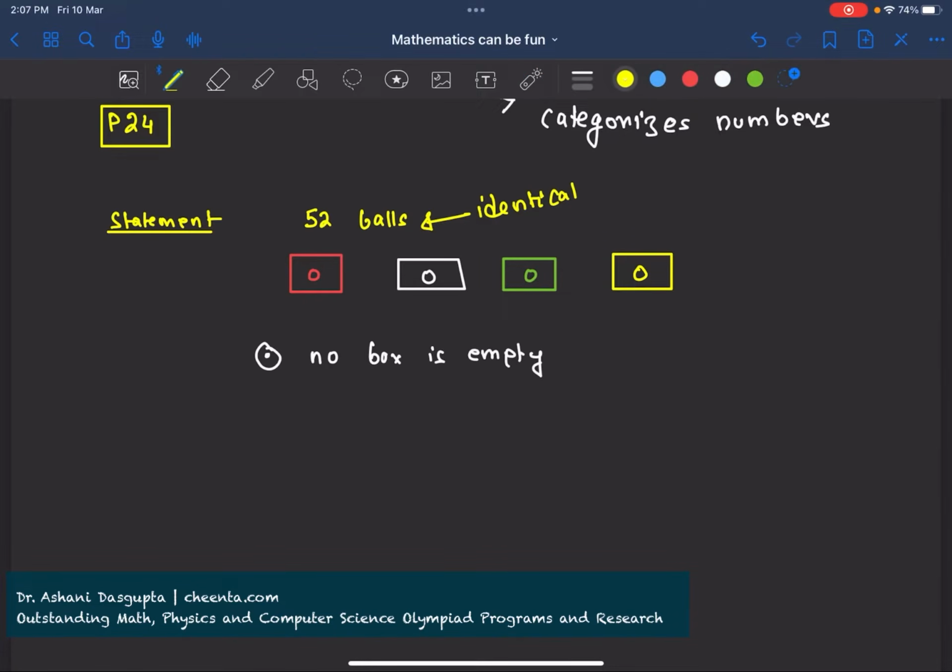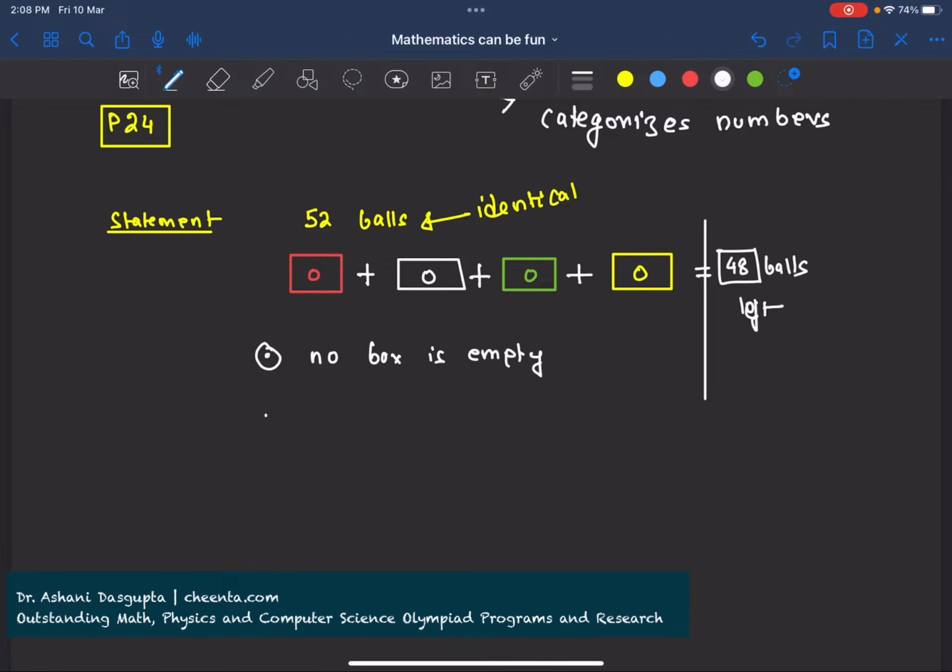So now we have 48 balls left. So basically these 4 boxes should now add up to 48. The number of balls in these 4 boxes should add up to 48 because I've just put one ball in each box, right?